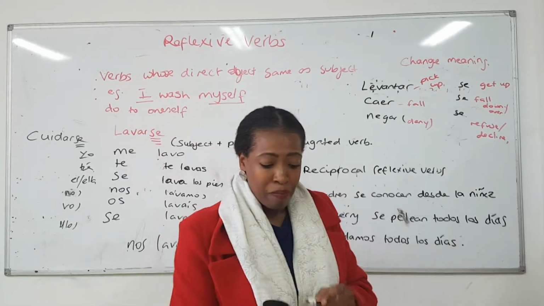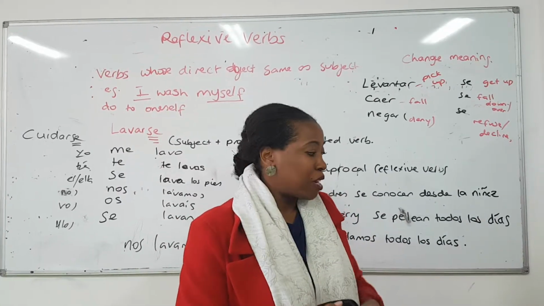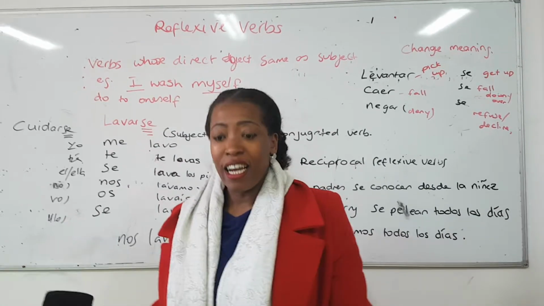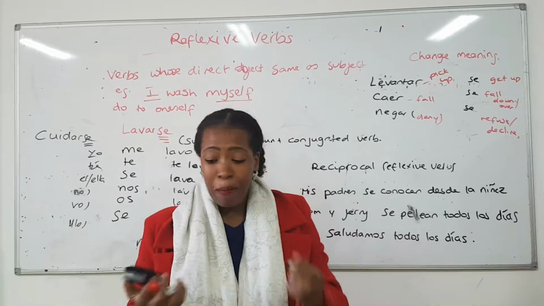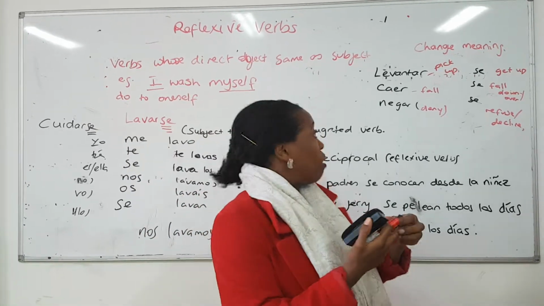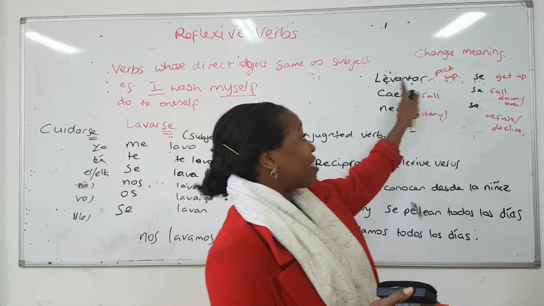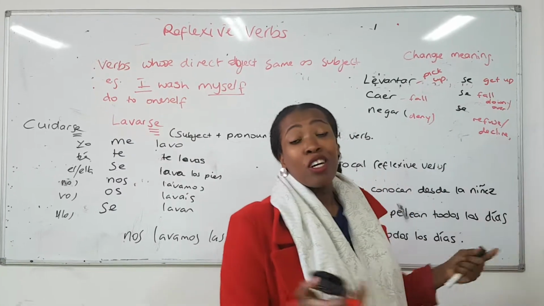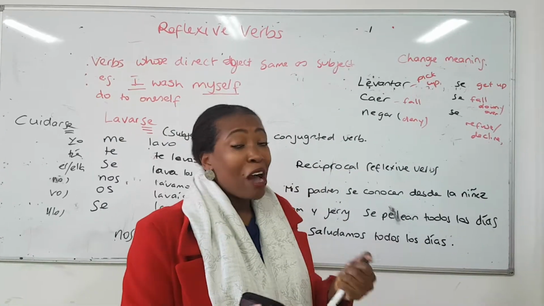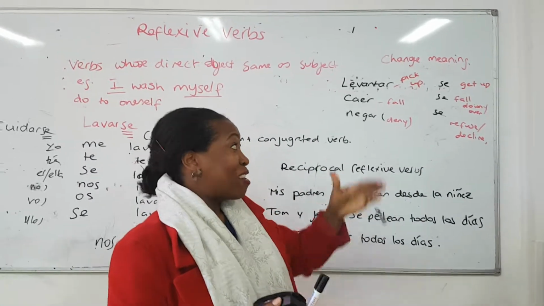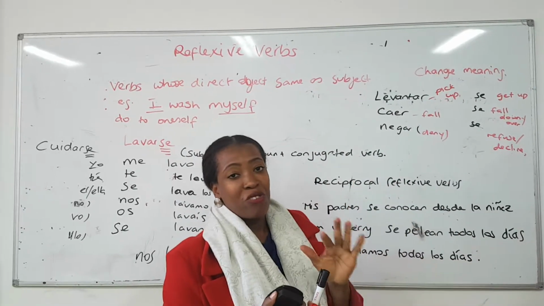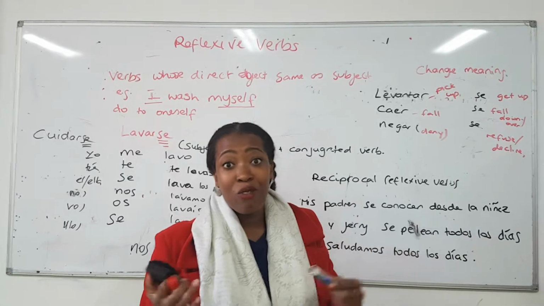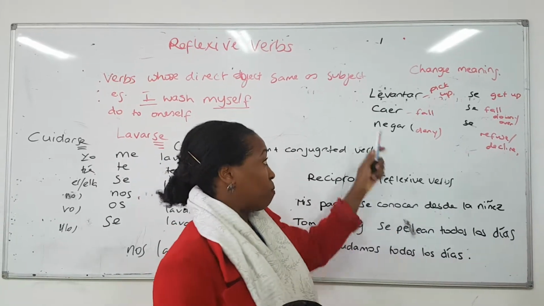Levantar means pick up something. Levanta la silla, pick up the chair. Levanta la tapa, pick up the lid. Whereas levantarse means to get up. Be careful that you don't get them mixed up and that you use the reflexive when you need to.